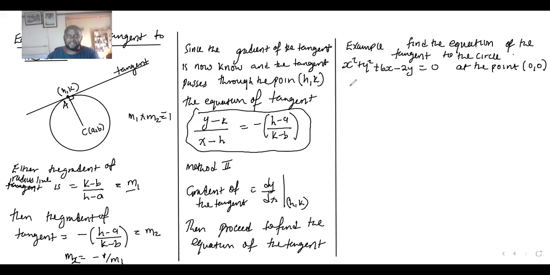Let me use method 2 first. Method 2, I've said, we use the method of differentiating implicit functions.